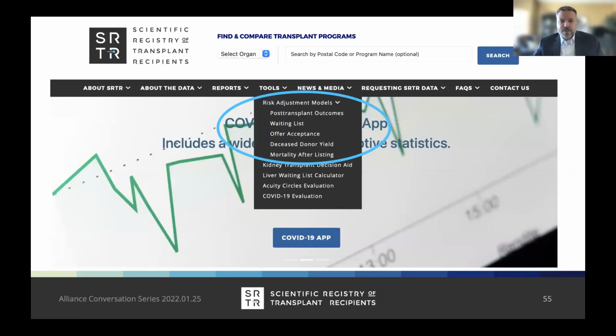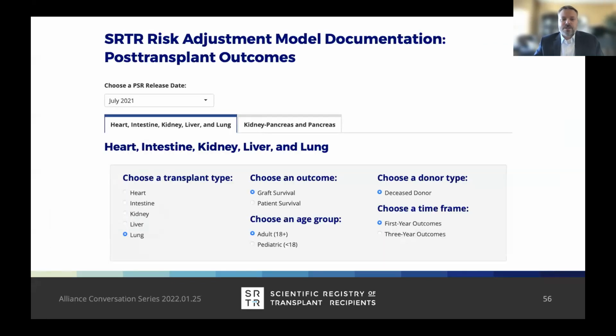Those models are also available in the same place. Just look for the post-transplant outcomes models. SRTR will be using the first year post-transplant outcomes models to develop the 90-day and conditional 1 year outcomes. So both of those can be derived from that first year outcomes model. We also have a 3-year outcomes model.